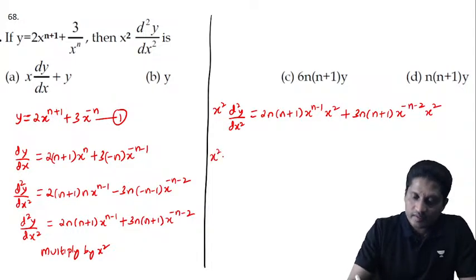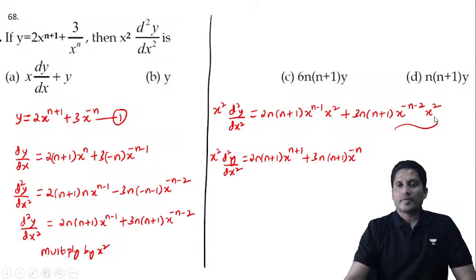Now x square into d square y upon dx square is equal to 2n into n plus 1 x to the power of n plus 1 plus 3n into n plus 1 into x to the power of minus n, because powers are added. Minus n minus 2 plus x square is x power n.